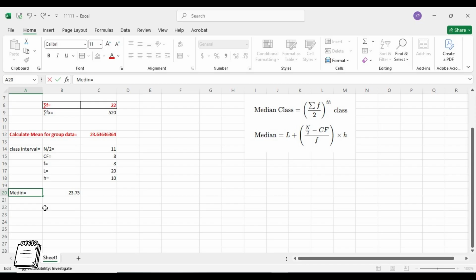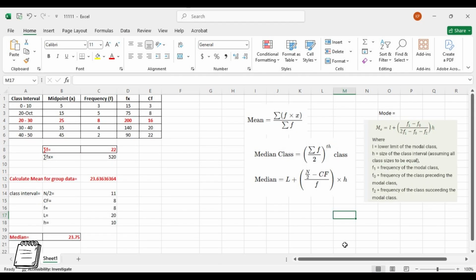Let's calculate the mode for the group data. Here we have already calculated the mean from this group data. Let's calculate the mode of this group data.